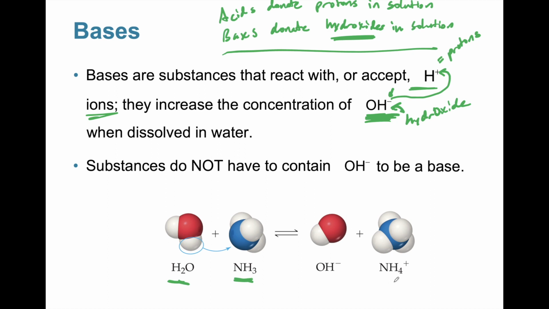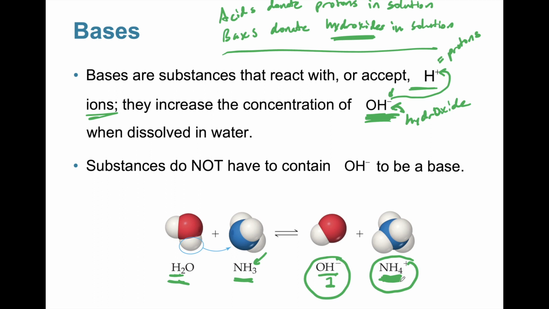And you can see here how this base will remove one of the protons right here. So before we had two H's, now we only have one H. It will remove one of the protons and take it as itself. So here we go, bases add hydroxides, and they accept protons because ammonium here only had 3 protons and now it has 4.